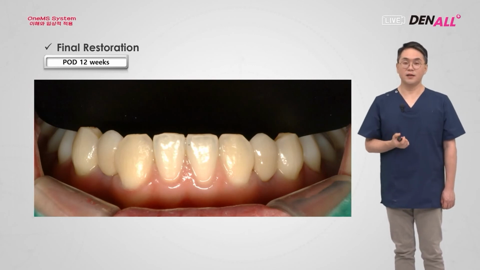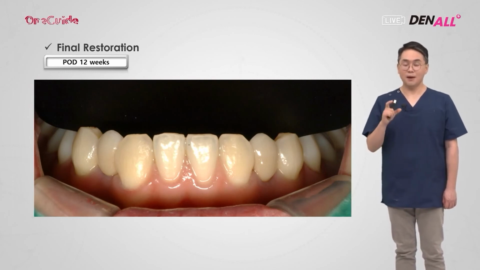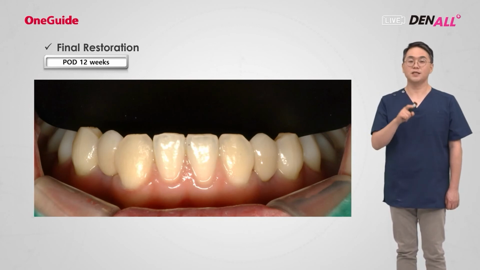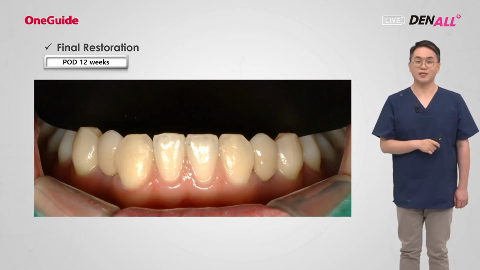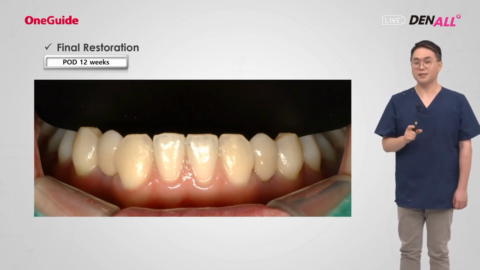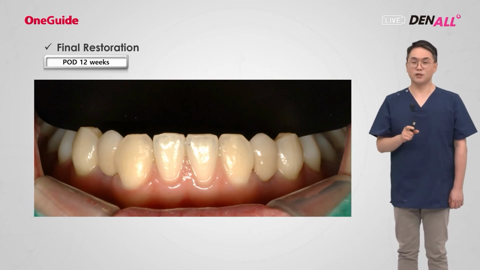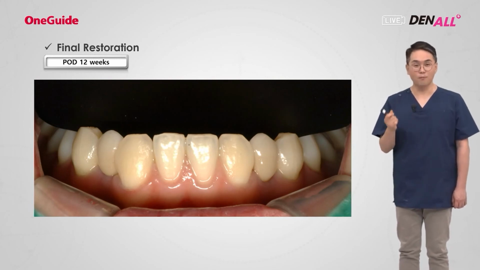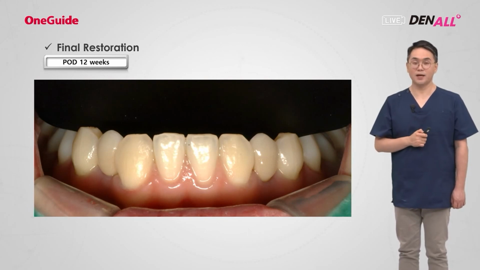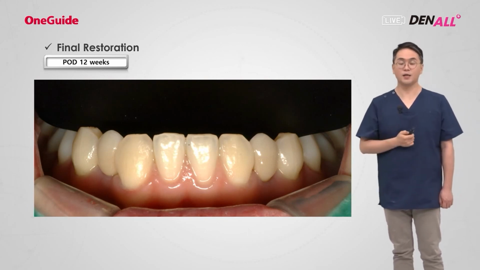So looking at these cases, again, the top-down approach is very important. Design the final crown and place the implant in the ideal area. If it's a 2-piece type, using an abutment, some compensation can be made. But for a one-body MS implant, the help from the guide is very crucial.